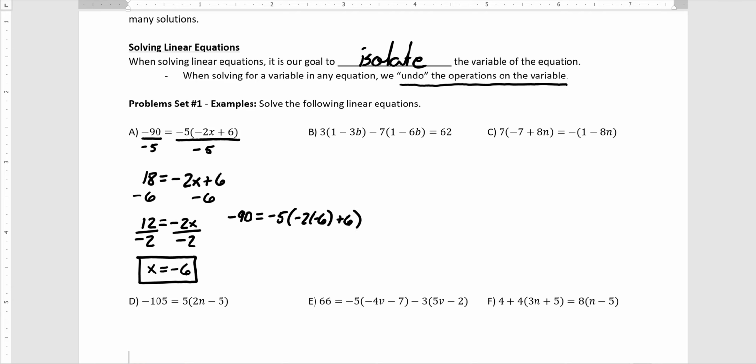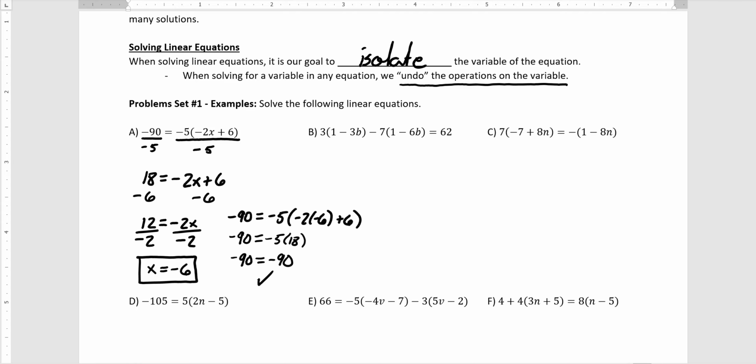This time, let's follow the order of operations as we should. Does negative 90 equal, let's see, I'd have to do inside these parentheses first. Negative 2 times negative 6 gives me 12. 12 plus 6 is 18. So negative 5 times 18, as we said earlier, is negative 90. So that checks out. And that's how we can check our answer to make sure we know what we're doing moving forward.